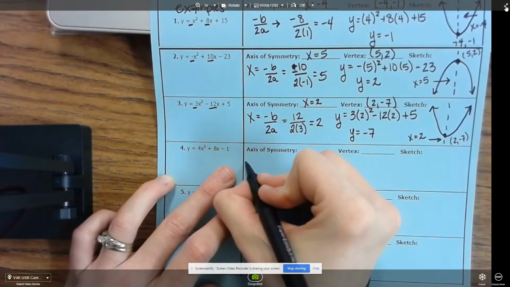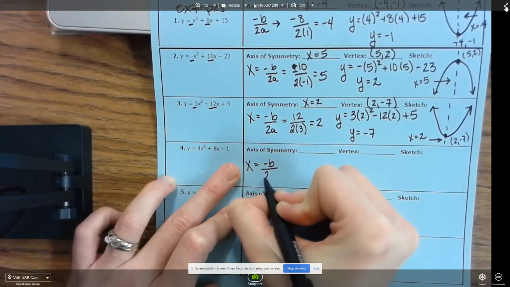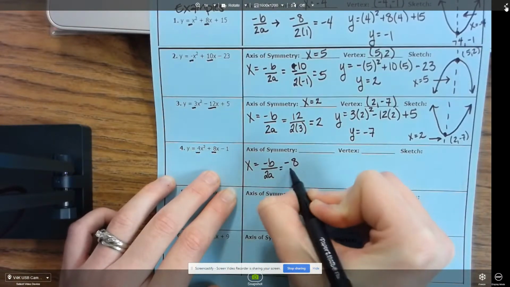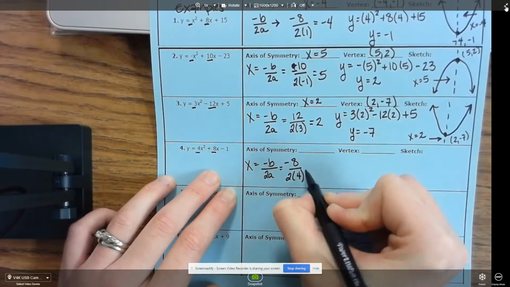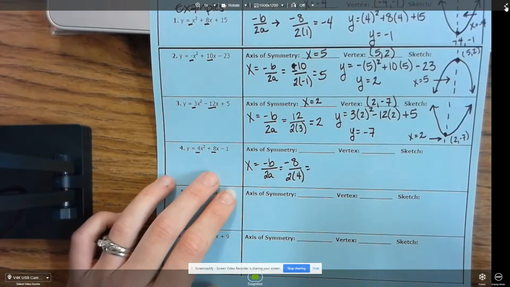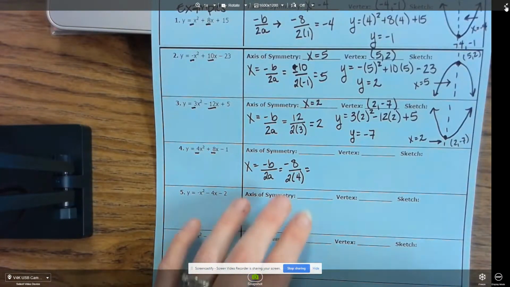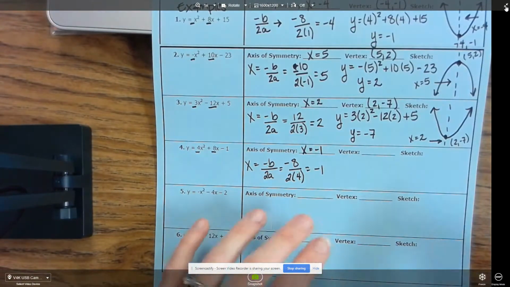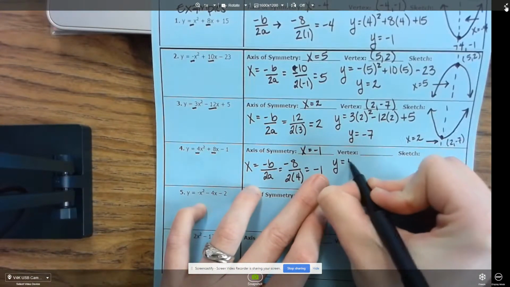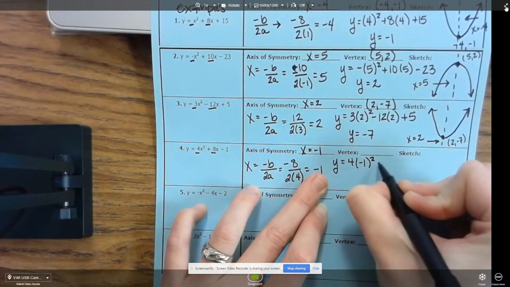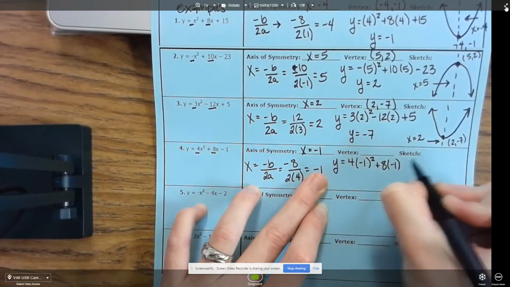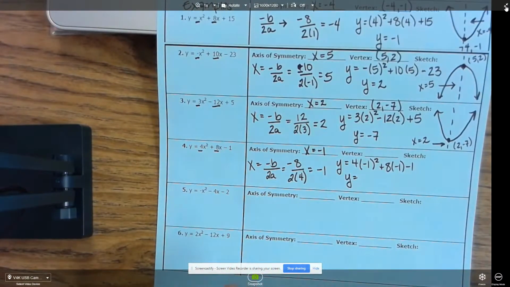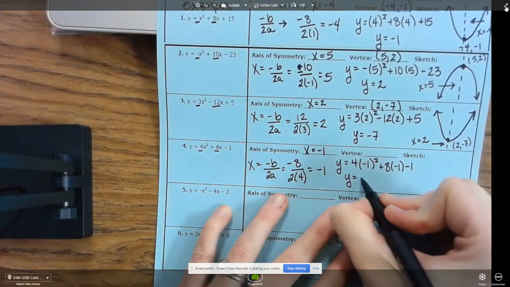All right. Here's my a, here's my b. So negative b divided by 2a would give me a 1. Axis of symmetry, x is going to equal 1. The vertex would be y equals -5.